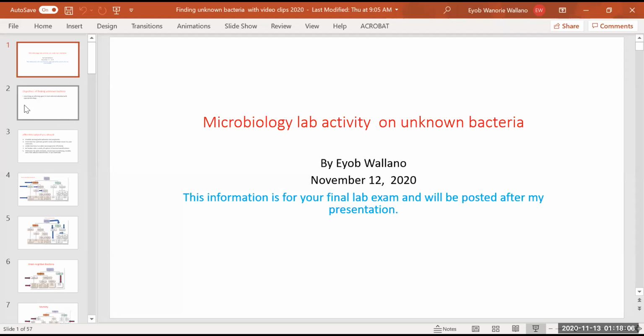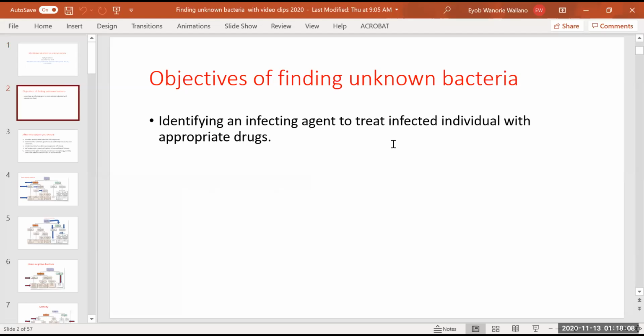Before we go, I'm giving you the objective of finding unknown bacteria. Why is it important? Well, you are going to stain the bacteria by gram, spore, and acid fast stain, and you will identify almost 90% of the bacteria by those stains.